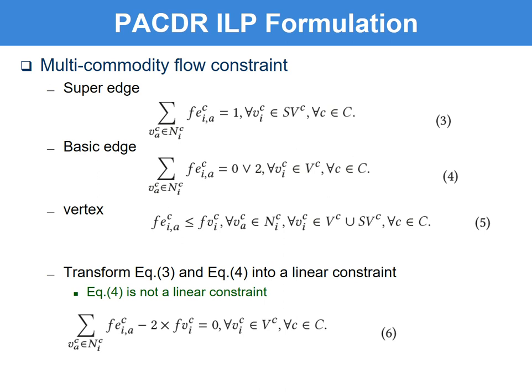By doing so, we transform the constraints into equation 6, which is linear and can be solved more efficiently by our ILP solver. In equation 6, if the connection doesn't pass through the vertex, then the total flow on the neighboring edges is 0. Conversely, if the connection passes through the vertex, then the total flow on the neighboring edges is 2.